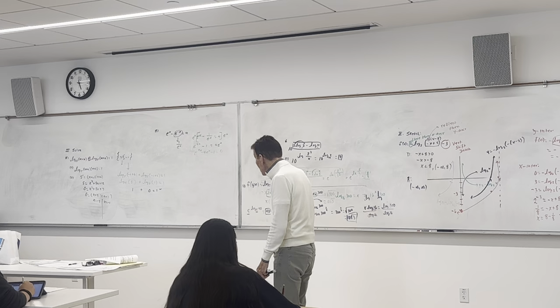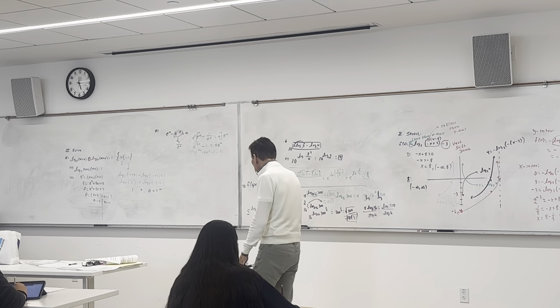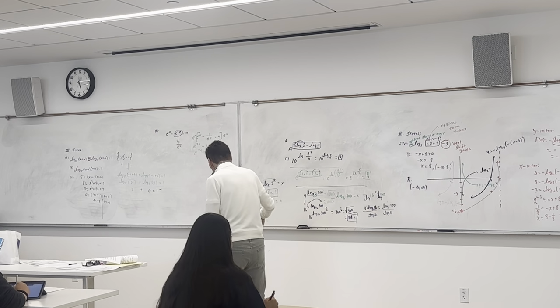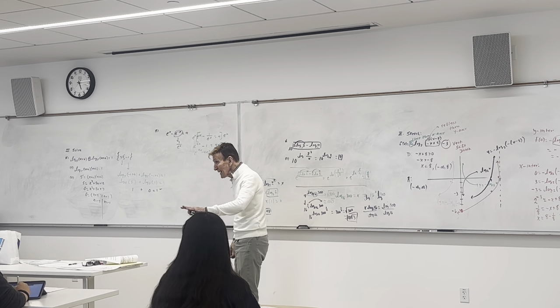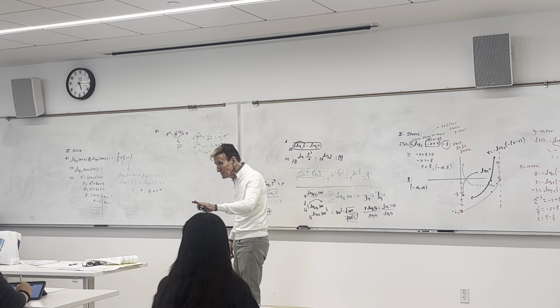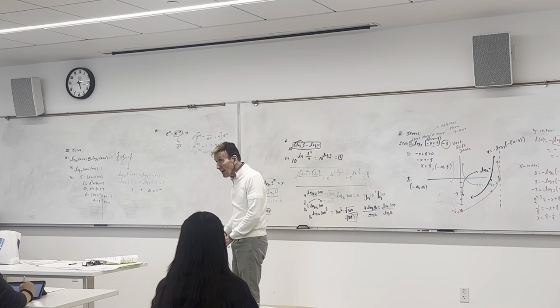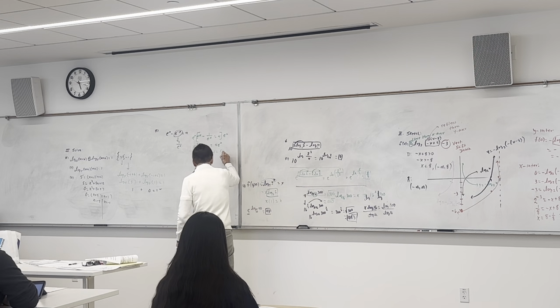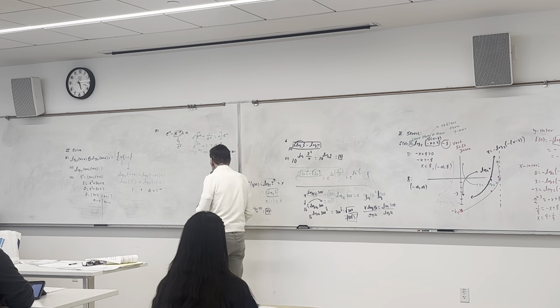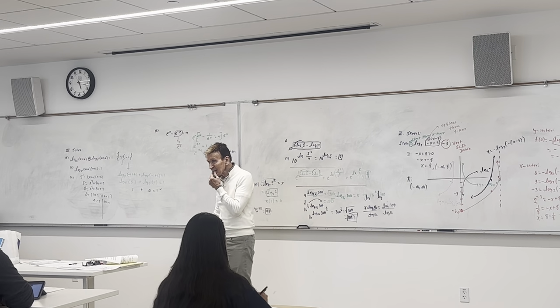This is probably gonna be the hardest one out of that group. e to the 2x minus 4 e to the x minus 1 is equal to 0. Did I give any hint at all on that problem? I didn't. I will if you saw one like this. I would say, please, after this, rewrite this. Let u be something, so you can rewrite it and make sense of it.